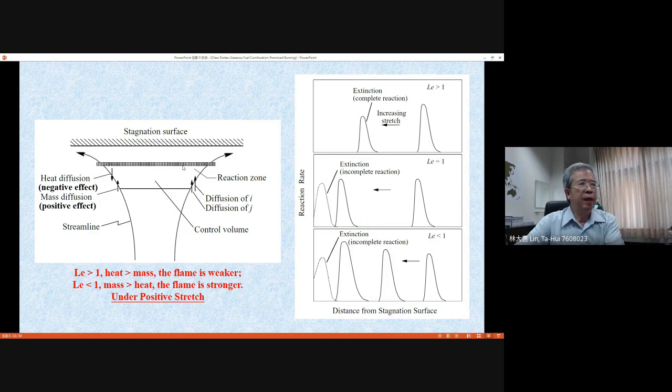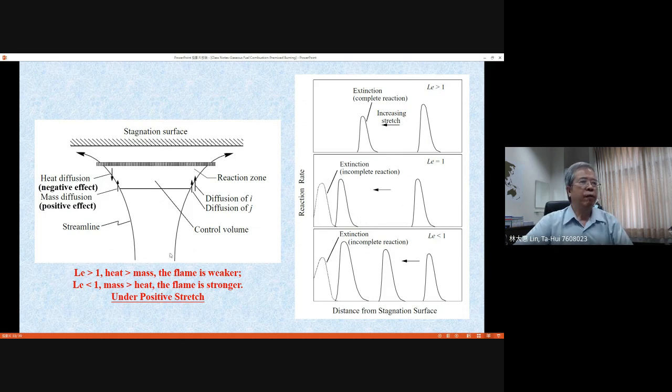This is a flame, and you can assume there is a boundary of your preheating zone. Look at here, this region is the preheating zone. Inside the preheating zone, there is a concentration gradient and also a temperature gradient. We need to discuss the strength of diffusion for heat and mass, and look at whether they are balanced or unbalanced.